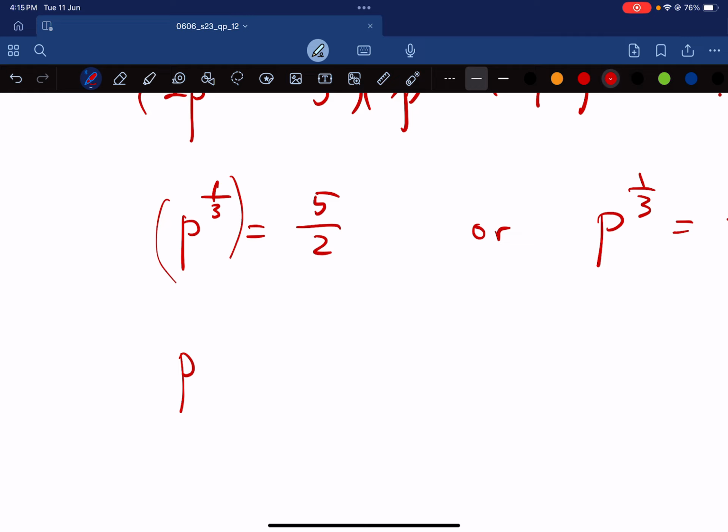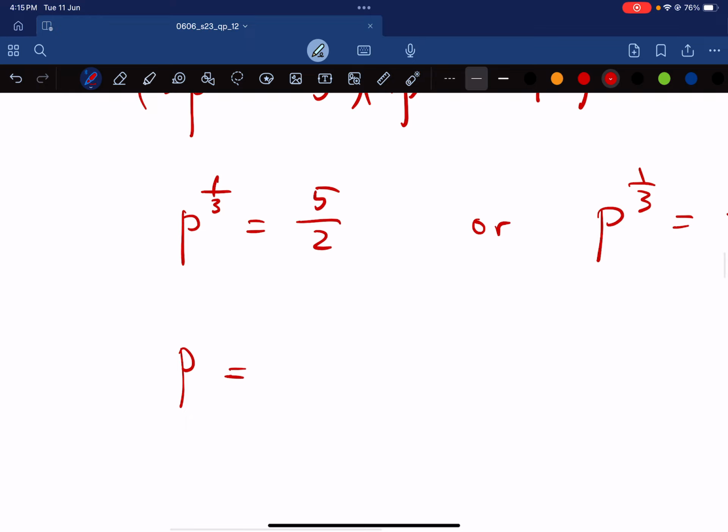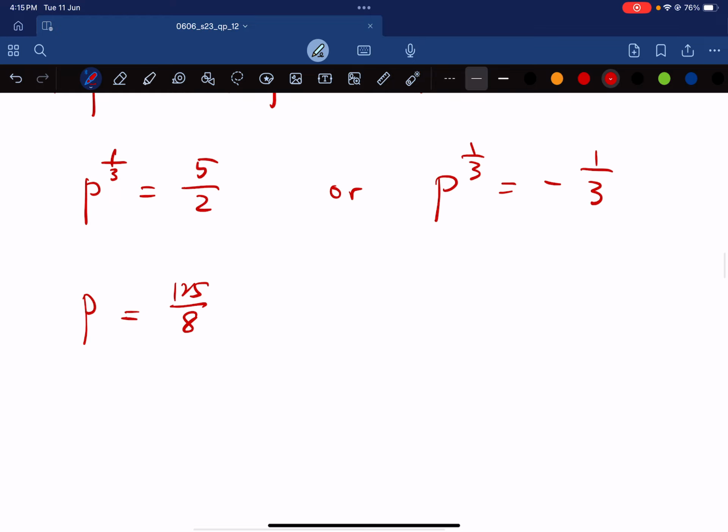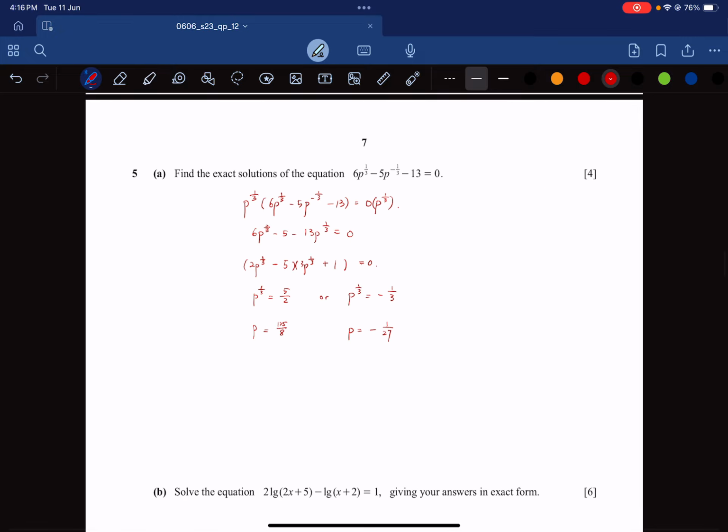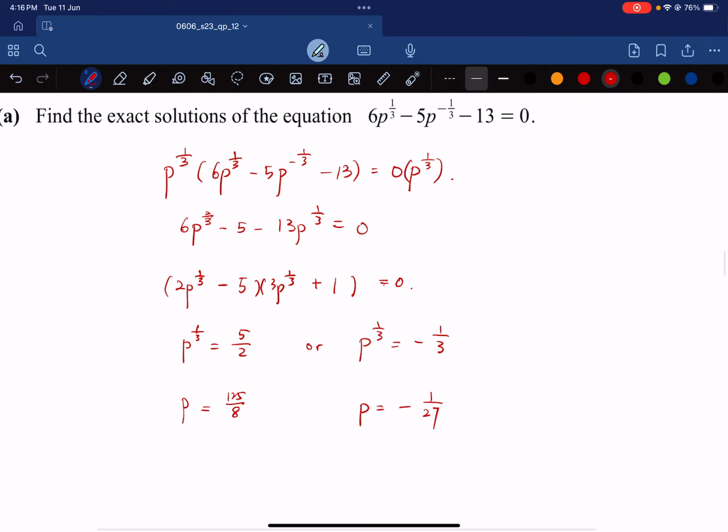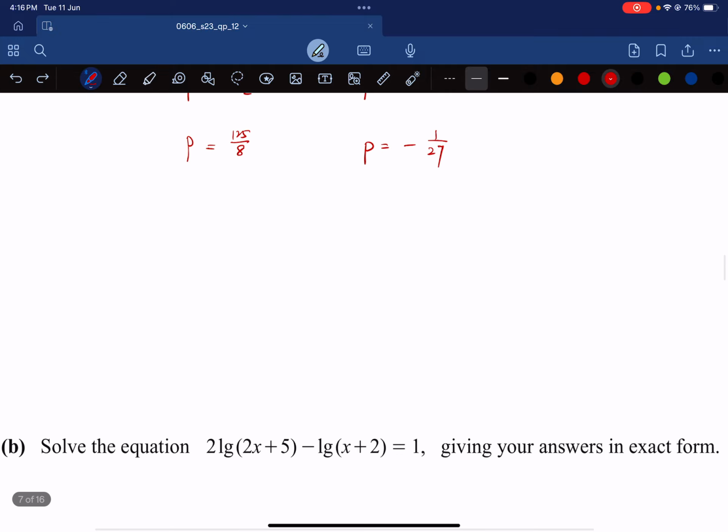When we have power of power, right? So we raise power 3 on both sides. So it would be 125 over 8. P will be power 3. Odd power negative is still negative. This is negative 1 over 27. Exact solution, so leave your answer in fractions.